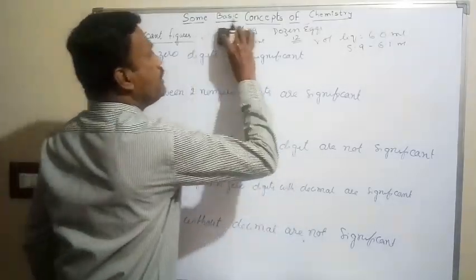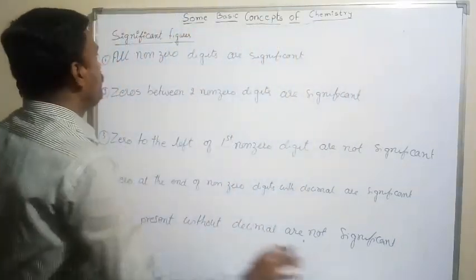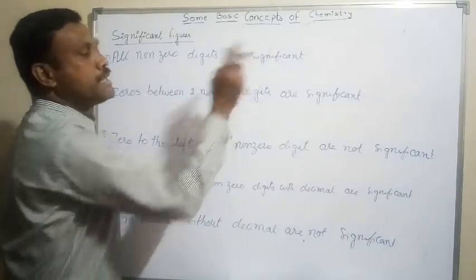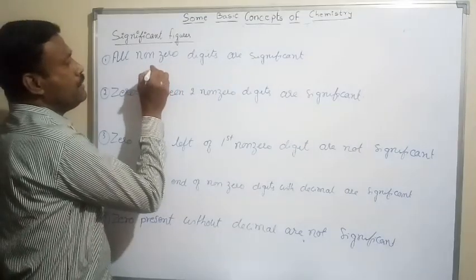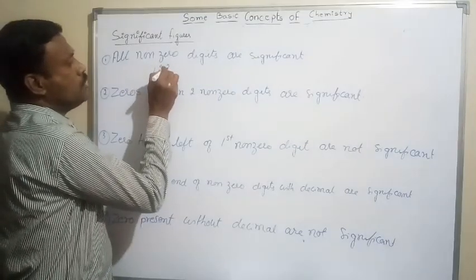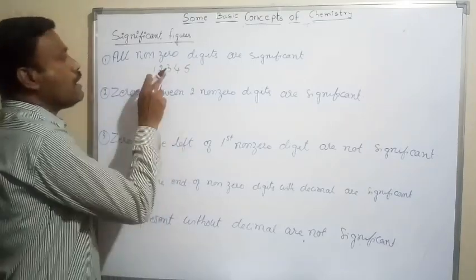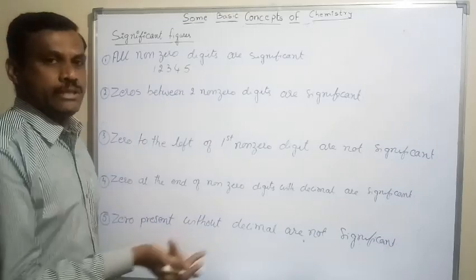Coming to the very first rule, which is very simple: all non-zero digits are significant. For example, 1, 2, 3, 4, 5. These are non-zero digits, meaning other than 0.